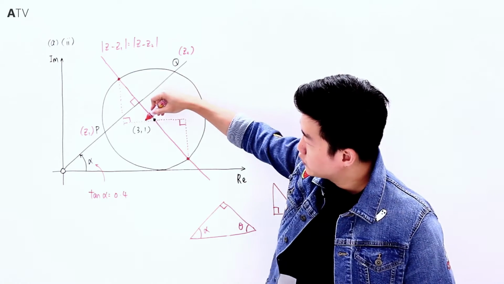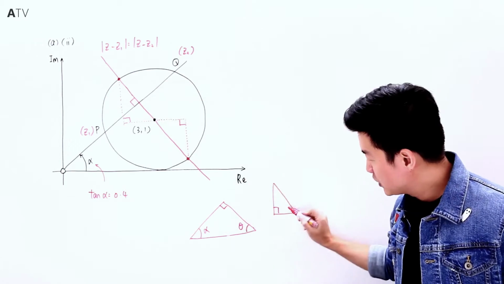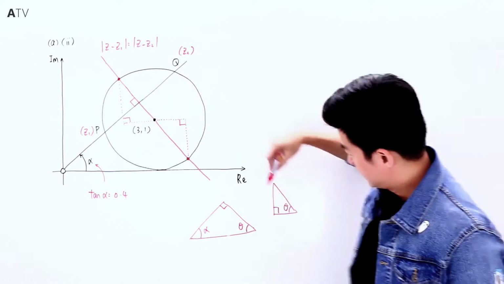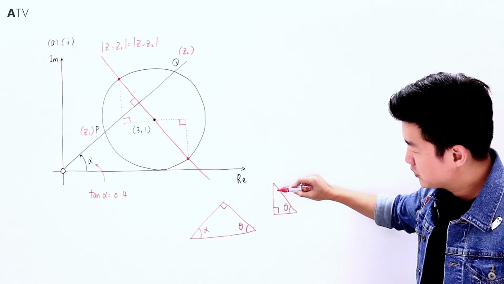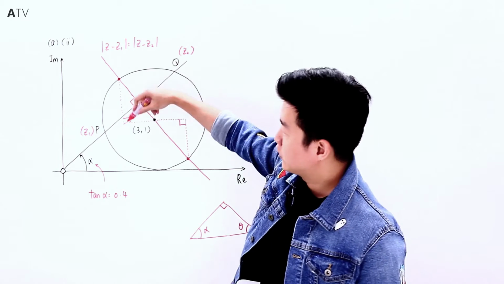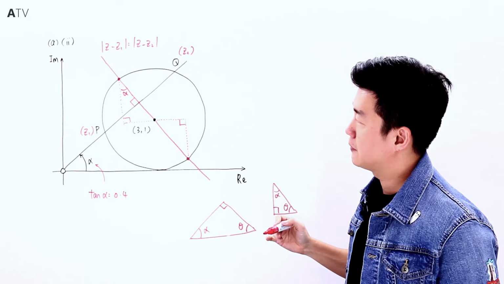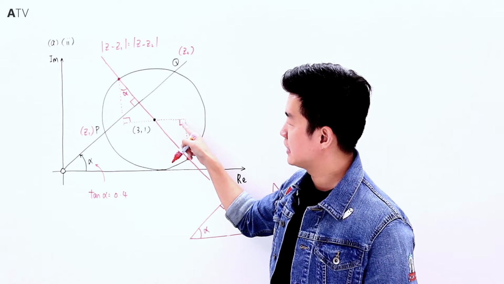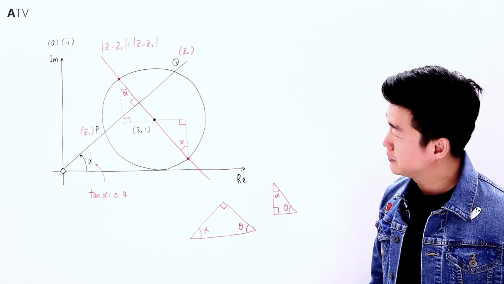I'm going to compare this angle to its corresponding angle, which means that this angle will be theta. And if this is 90 degrees, this is theta, this is 90 degrees, and this is theta, which means that this angle here must be the same as this angle, alpha. So on this triangle, this angle here is alpha. And this will be the same as this angle, and since this is 90 degrees also, this angle here will also be alpha.